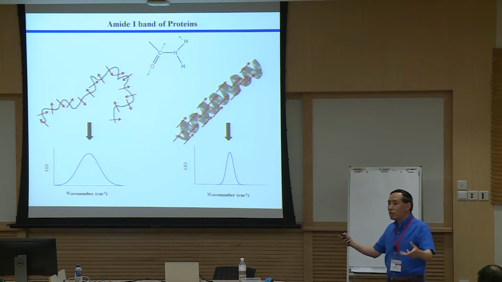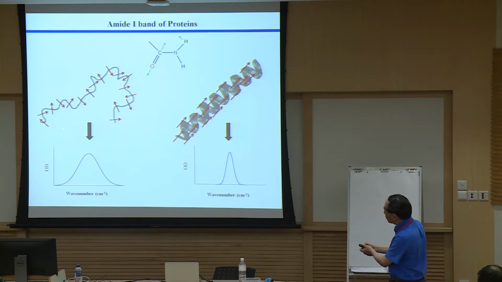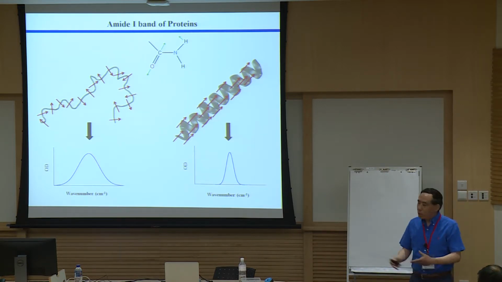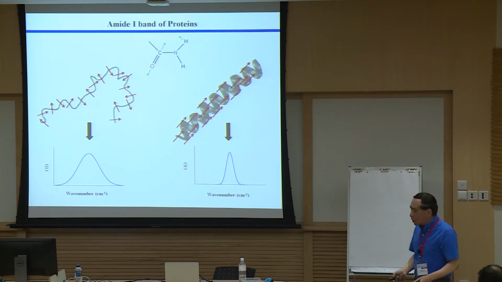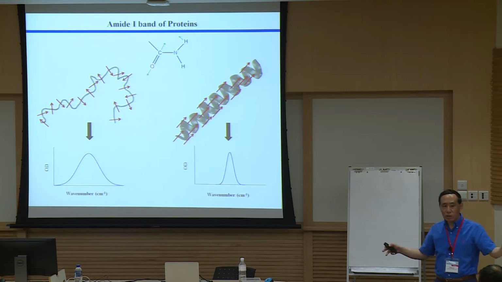So why is this transition sensitive to conformation? The reasons are the following. When a polypeptide is unfolded, due to the random orientations and the separation distances among all these transition dipole moments, the result is a pretty broad, featureless transition.